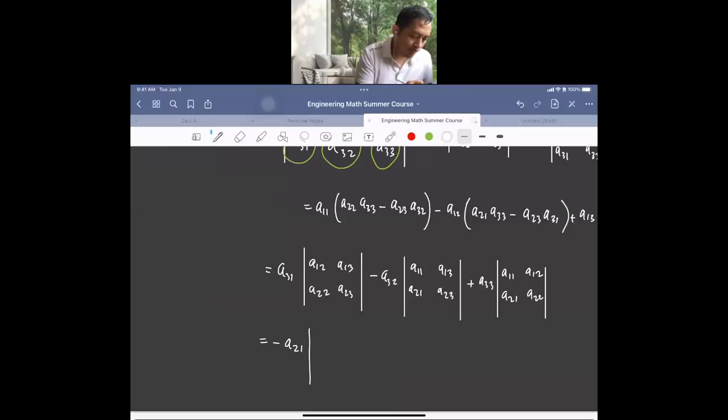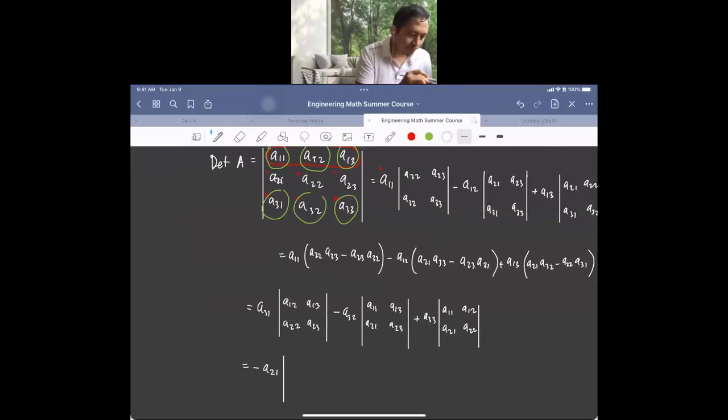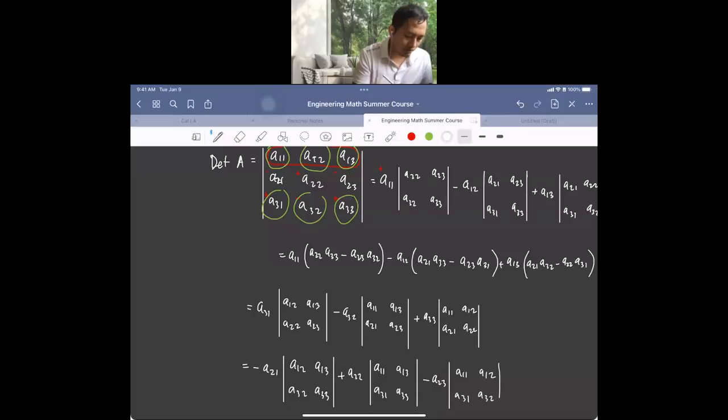If we have A21, then we write negative A21 times the determinant of A12, A13, A32, A33, and plus A22 times the determinant of A11, A13, A31, A33, and minus A23 times the determinant of A11, A12, A31, A32.